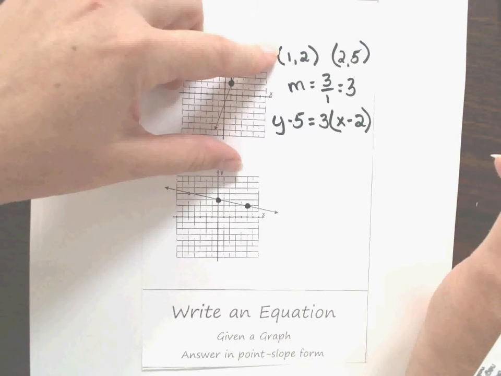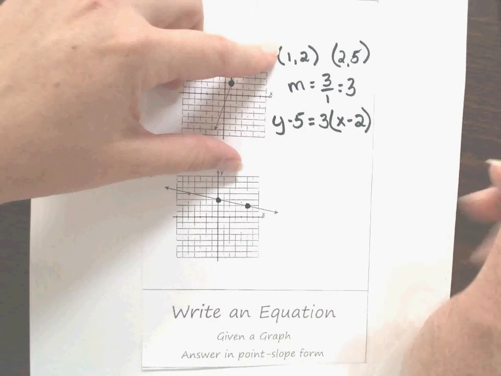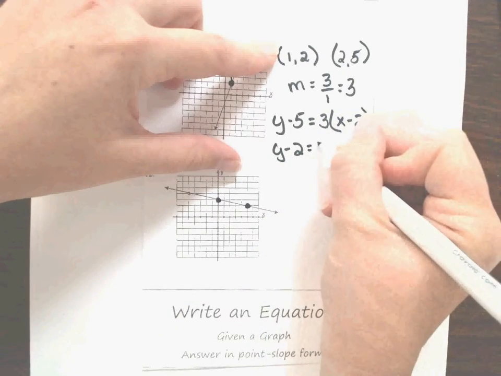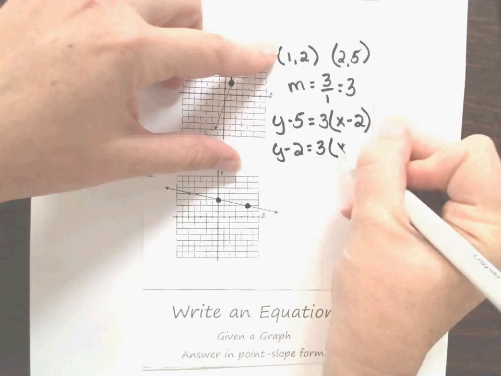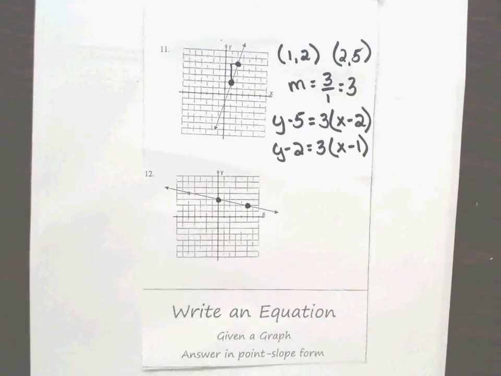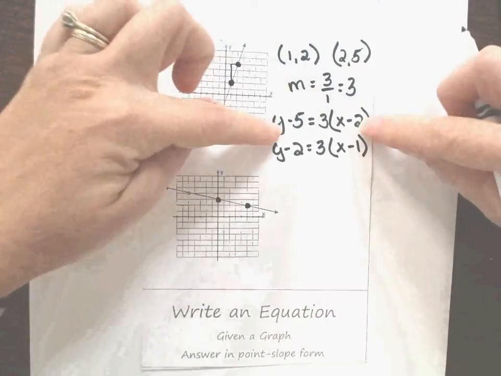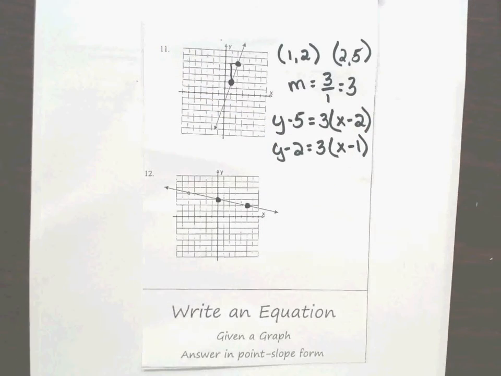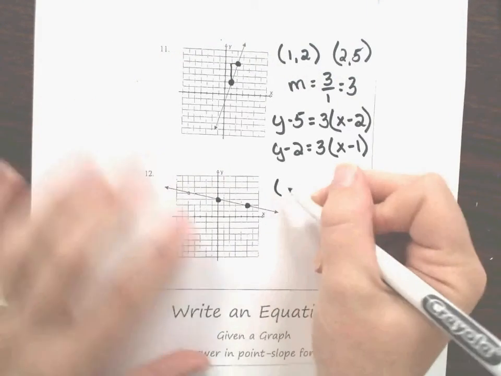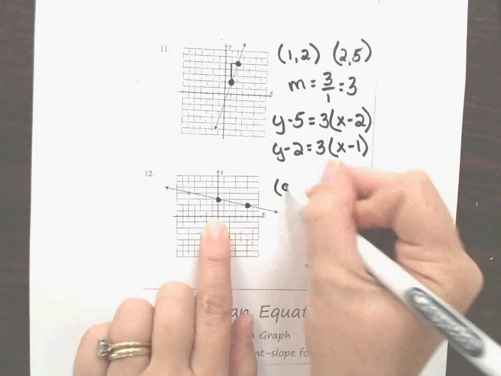If I want to use the ordered pair 1, 2, what would it look like? Y minus 2 equals 3 in parentheses x minus 1. Okay, now, you really only have to have one of those two equations written down. I'm just writing them both down so you realize they're both going to give you the same line.